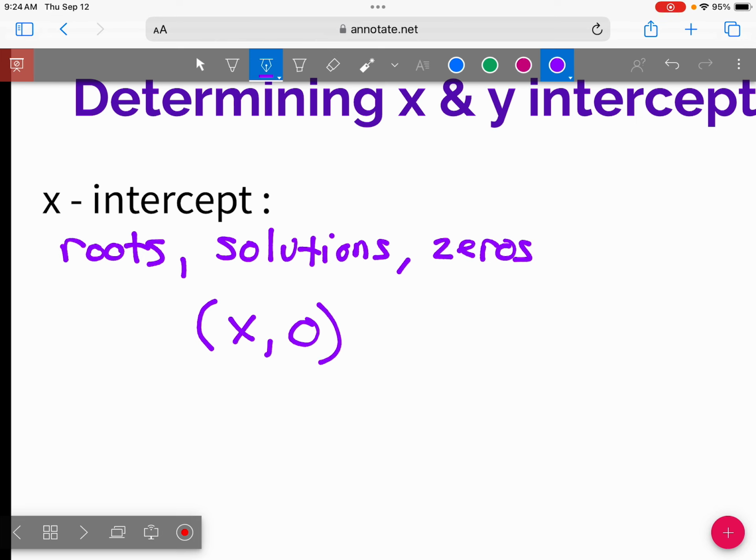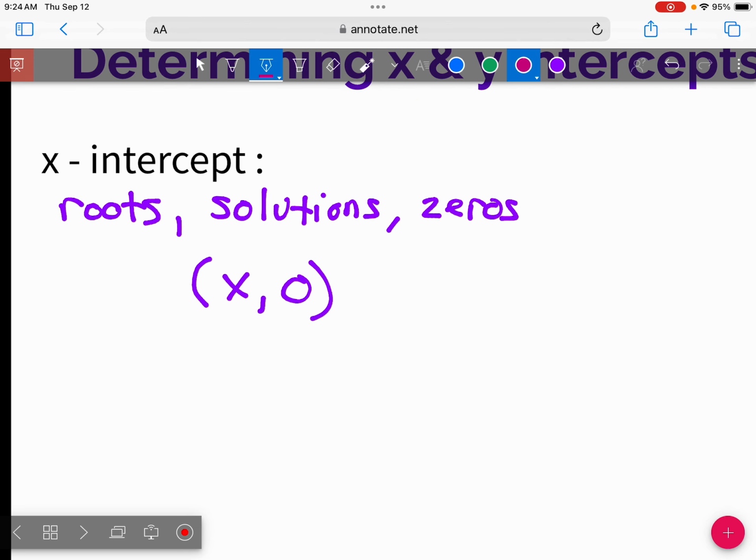It's on our x-axis. It's where whatever our shape is, wherever our graph is, crosses our x-axis. So what we know about an x-intercept is that my y must be 0. It's where we cross the x-axis.